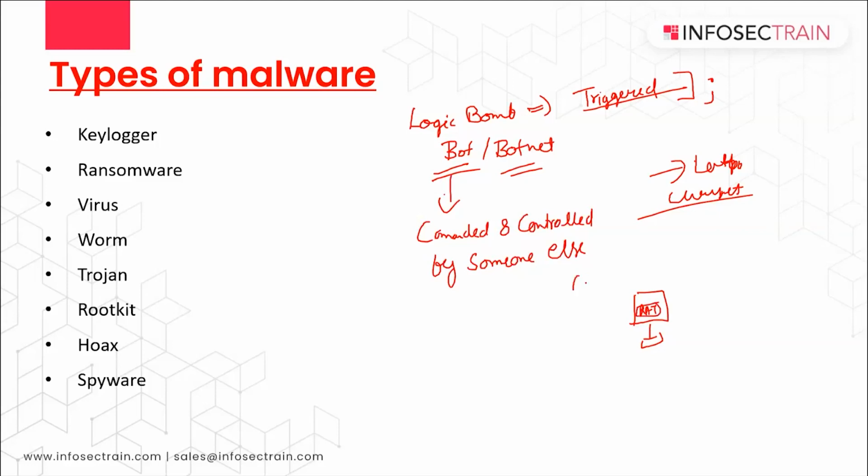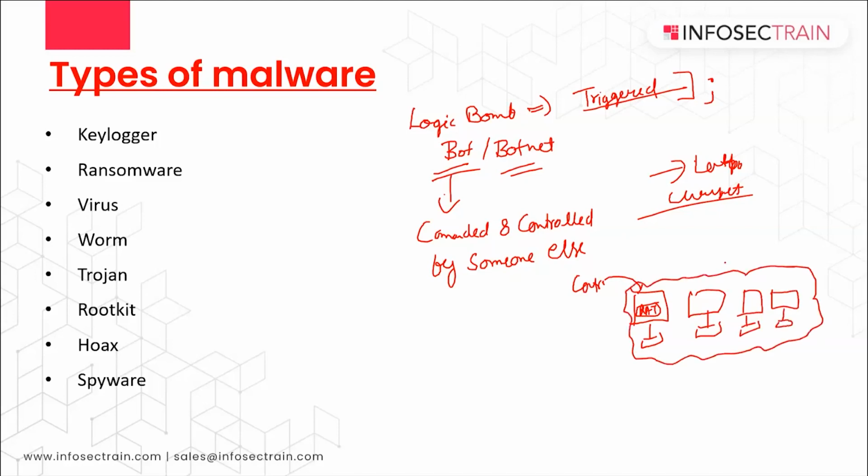Now they are controlling it, sending instructions on what to do to the system, and it is the bot. Similarly, you usually see a collection of compromised bots that all have one manager, like the controller I was talking about. The collection of compromised systems, or the collection of bots, is known as a botnet.